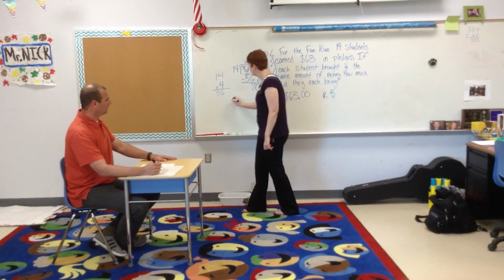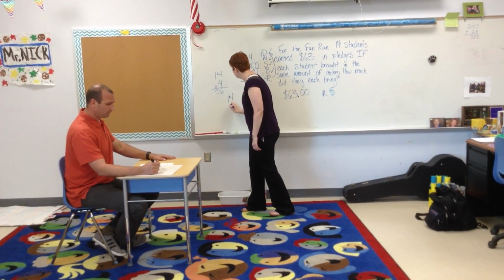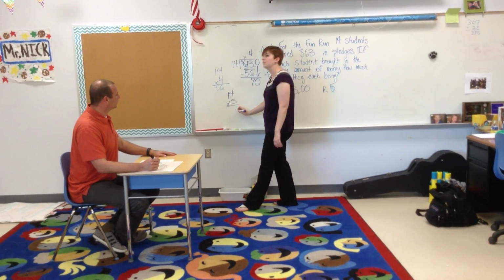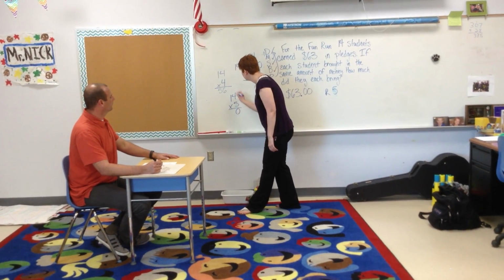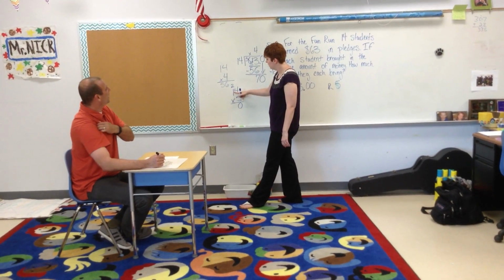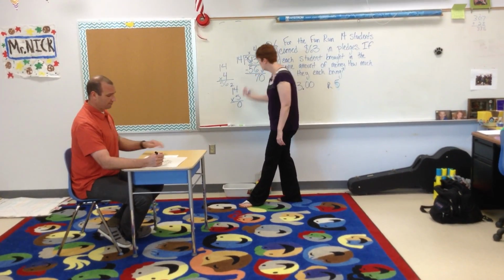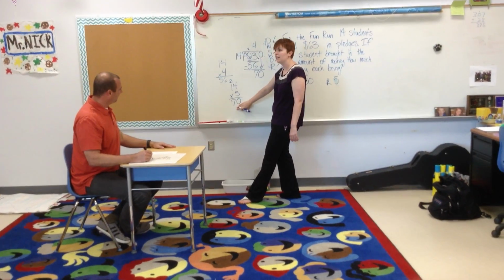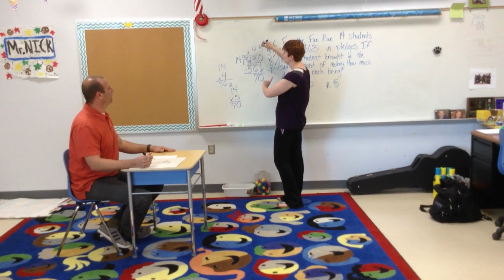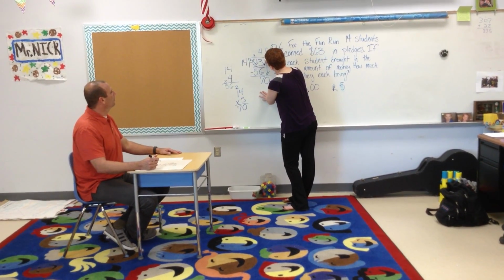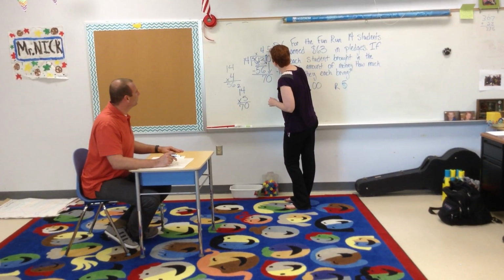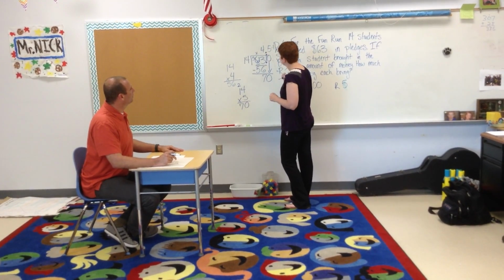Let's check with our multiplication. 14 times 5. 5 times 4 is? 20. Put our 0 here, our 2 here. 5 times 1 is 5, plus our 2. 7. Well, look, we got an exact. So we bring our 5 up here, but don't forget your decimal. You have a decimal point here. Just like in addition and subtraction, it doesn't move. So come straight up, and we bring our decimal point here.